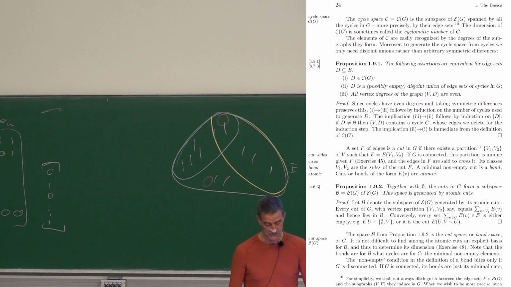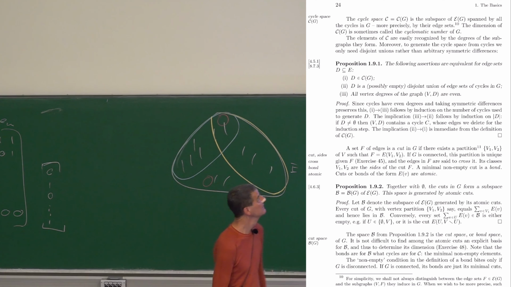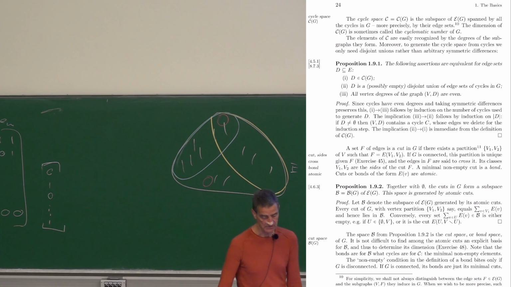Okay, so here is a very simple characterization of the elements of the cycle space. So just for topologists amongst you, who's been in an algebraic topology course?